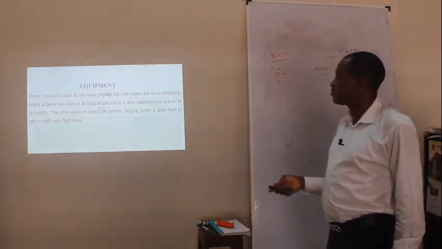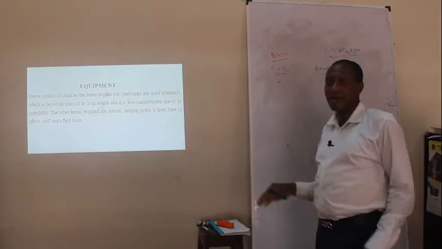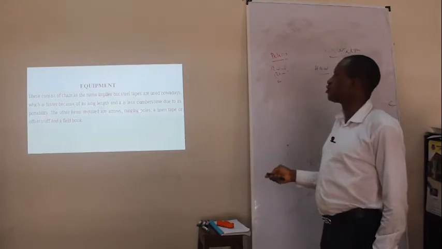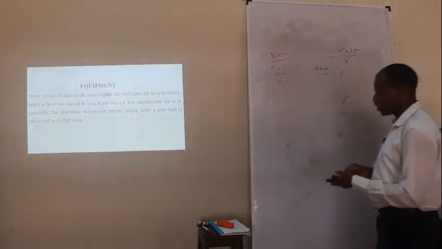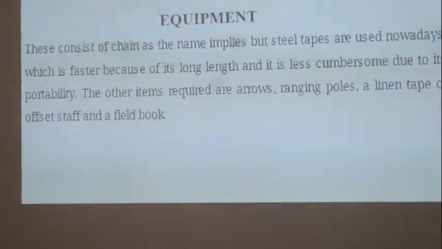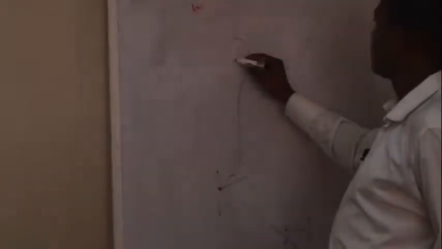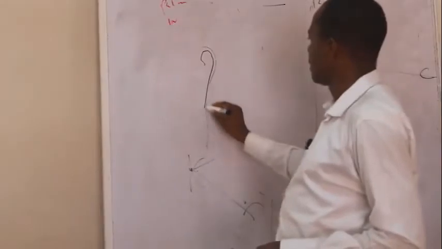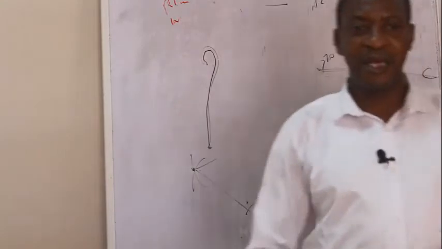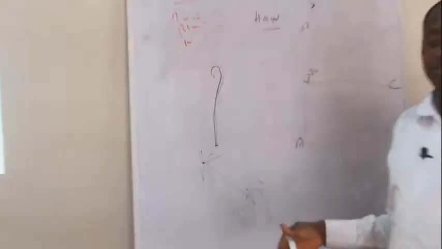But when you are carrying out chain surveying, there are other ancillary equipment you need to carry along: arrows, ranging poles, leaning tape, offset stand, and a field book. An arrow looks like this. You can pin it to the ground as you measure, just to know how many times you have dragged your tape on the ground.